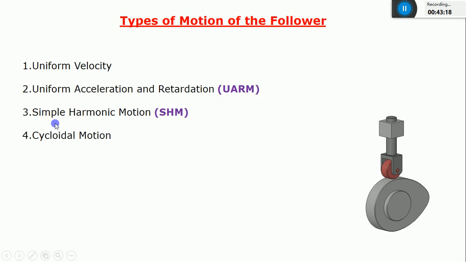The next one is simple harmonic motion. The last one is cycloidal motion. So these are the four different motions of the follower. Based on the requirement, based on the applications where you are using this cam and follower, you can decide which one is required. Okay, I'll go with the first one, that is uniform velocity.